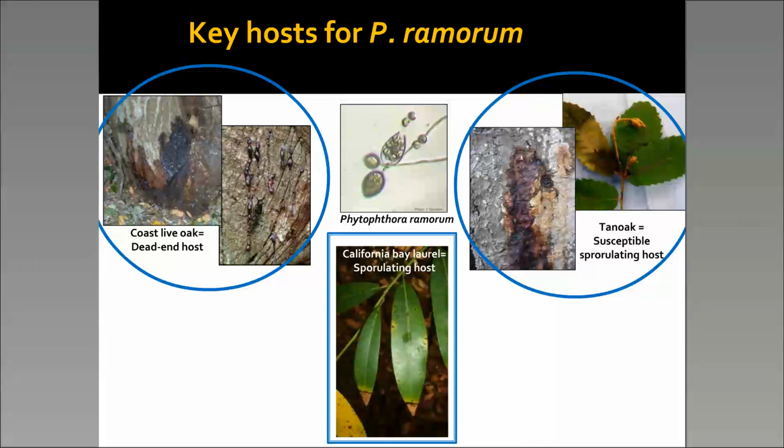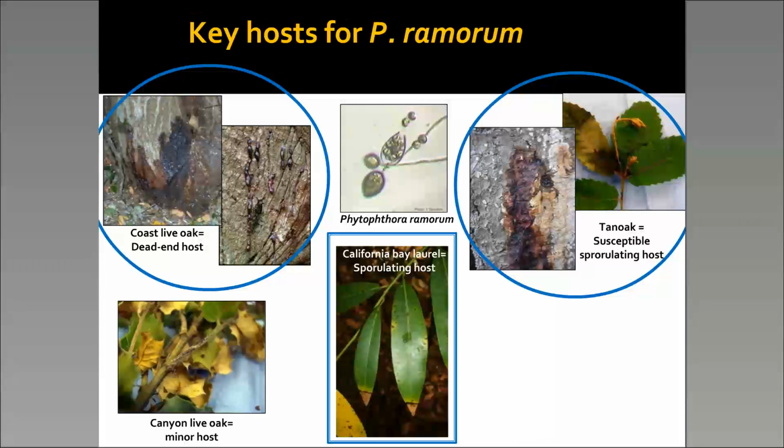It's killed quite easily and readily by the pathogen, with the same mechanism as in coast live oak. The pathogen infects the stem of the tree, causes bleeding cankers that can girdle the tree and kill it. However, tan oak is also a sporulating host for ramorum, so ramorum can infect the shoots, stems and leaves of tan oak and then sporulate from there and spread to new hosts.